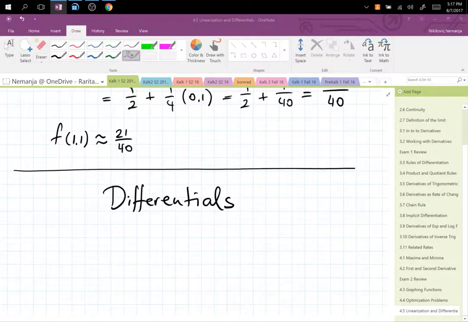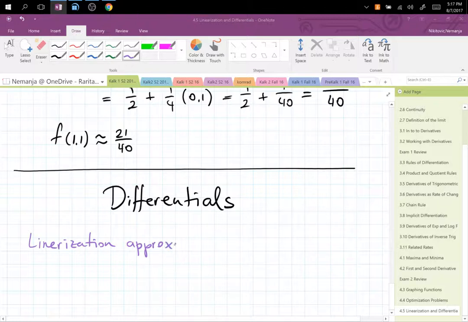First, I'm going to write that differentials approximate the change in value, not the value. So let me actually write: linearization approximates the value.